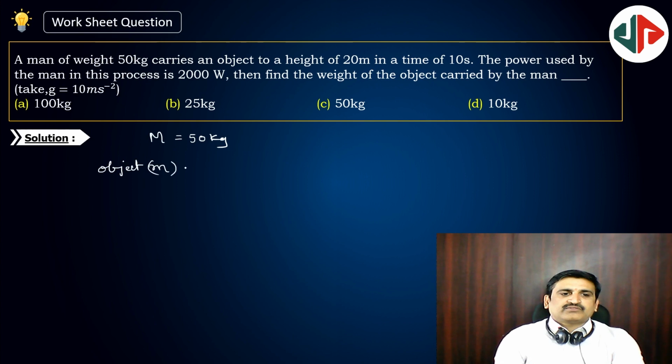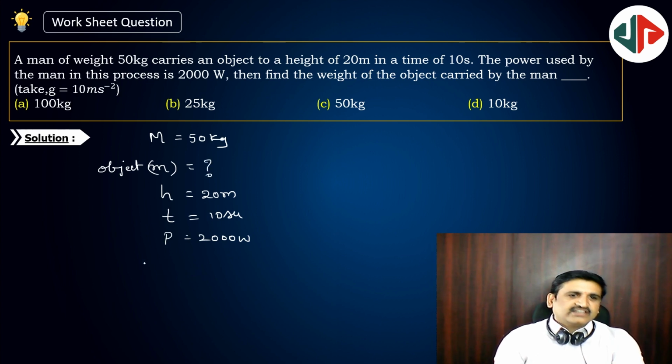Next, height h is equal to 20 meter in time t is equal to 10 seconds. The power used by the man is equal to 2000 watt. Then find the weight of the object carried by the man.